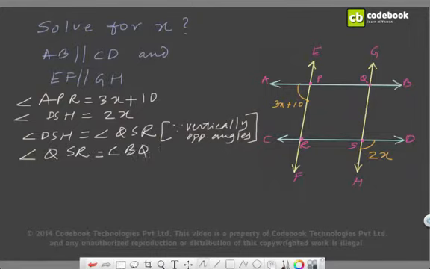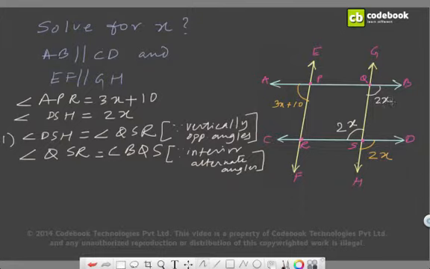Based on the second statement, angle QSR equal to angle BQS by interior alternate angles theorem. So if you observe closely, AB is parallel to CD and GH acts as the transversal. So angle QSH and angle BQS are interior alternate angles. So those two angles are equal.